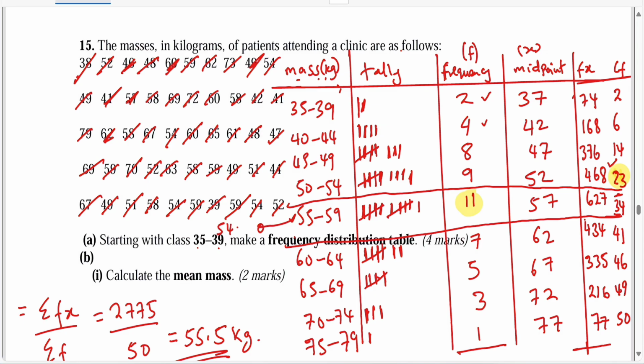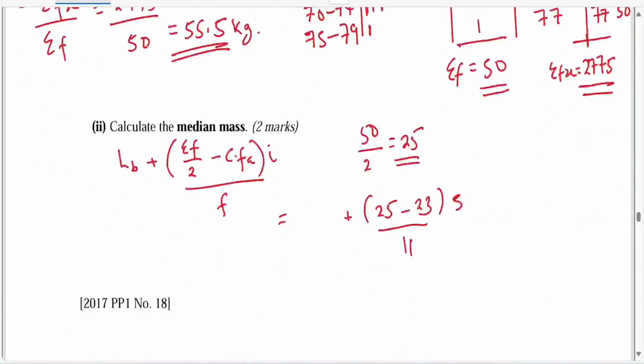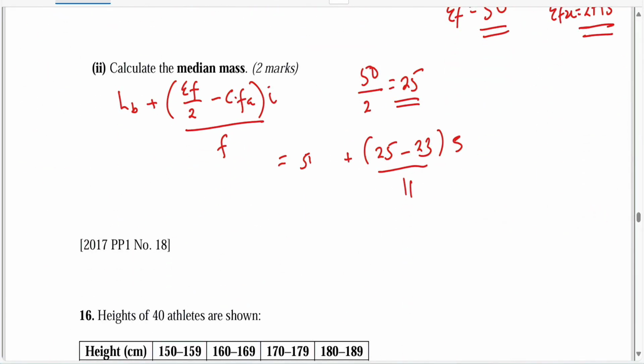You minus 0.5. So your lower boundary is 54.5. So 54.5 plus 25 minus 23 is 2/11 times 5. So 10/11 plus 54.5.